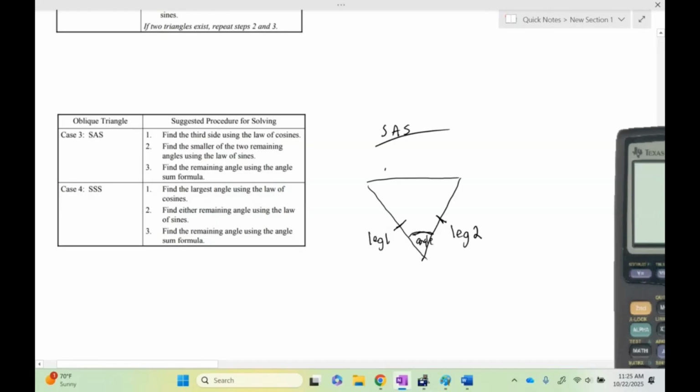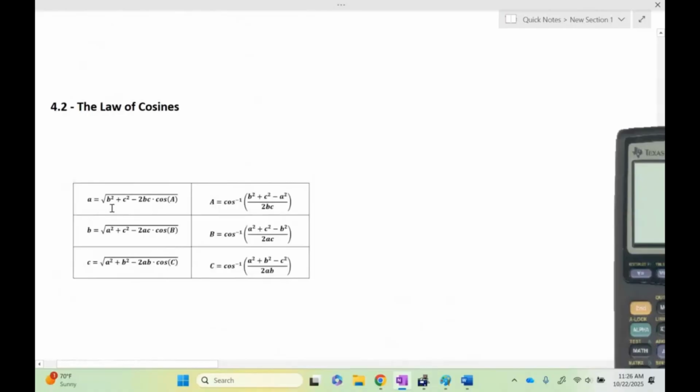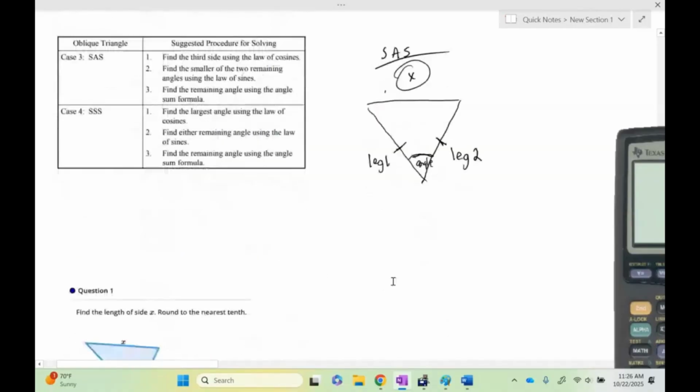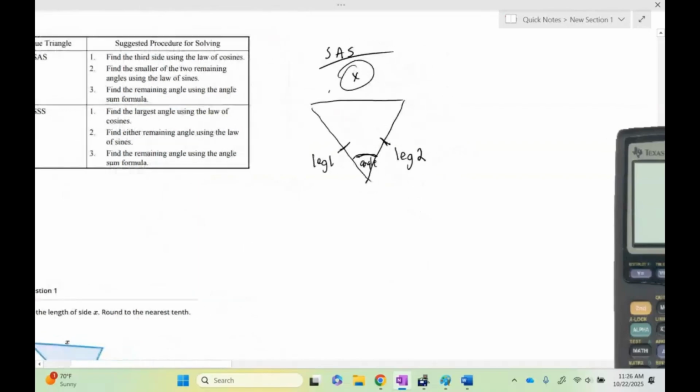Whenever you have the side angle side setup, you always use the law of cosines to find that third leg. In the formulas where we see a squared, b squared, c squared, if you can think about it in these simple terms as 2 legs and an angle, this is what the formula would look like.